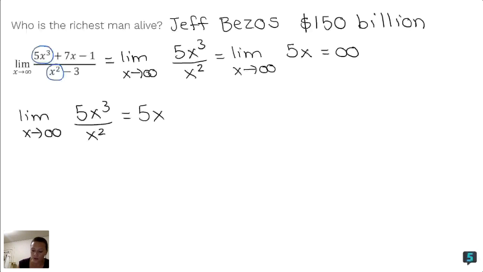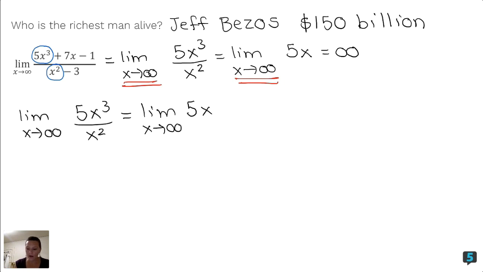It's equal to the limit as x approaches infinity of 5x. So be very careful as you write these limits that you're also very careful about your notation. Super, super important to make sure that you continue to write that limit notation.